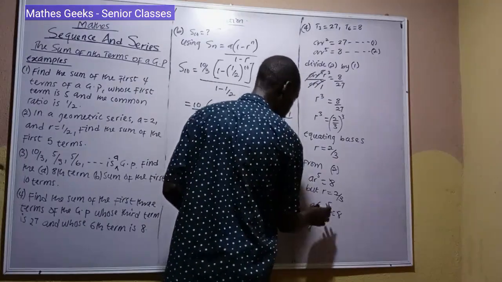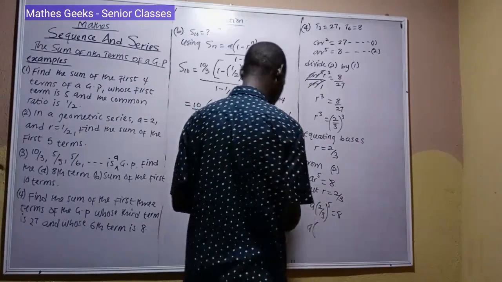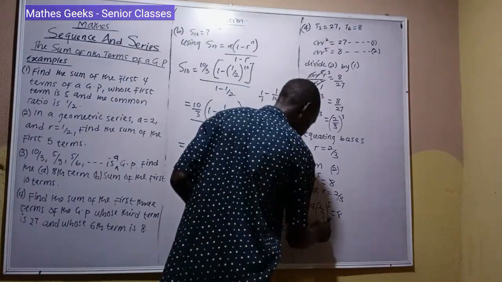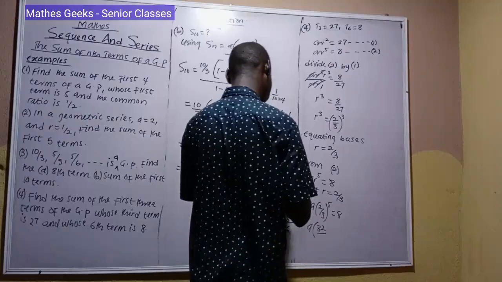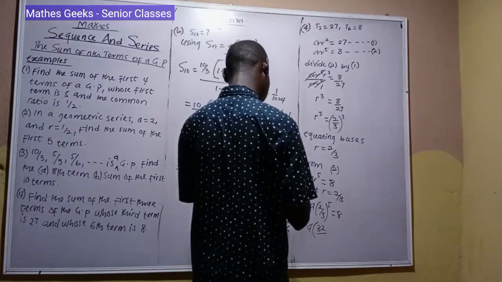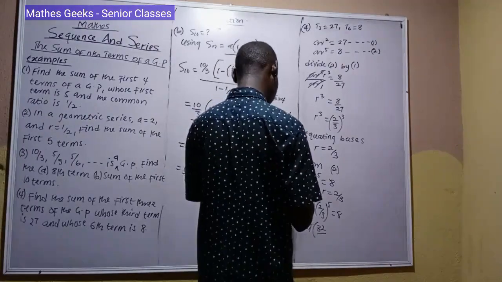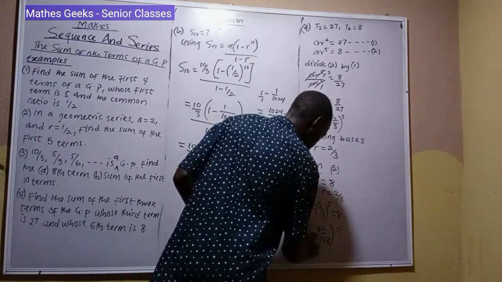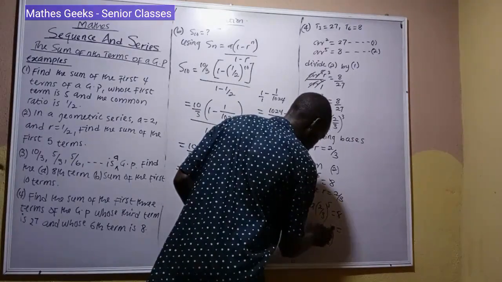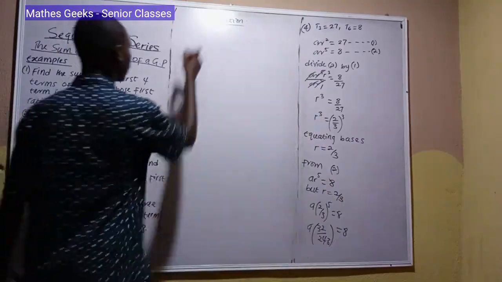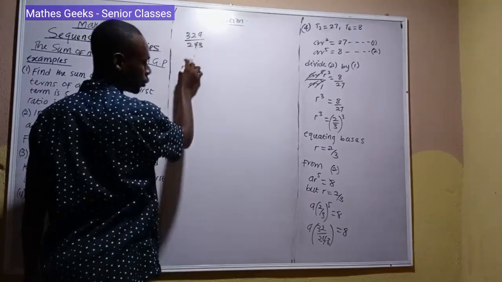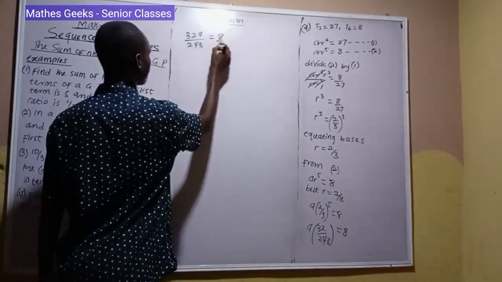So A times 2 raised to power 5, which is 32, over 3 raised to power 5, which is 243, is equal to 8. So 32A over 243 is equal to 8 over 1.